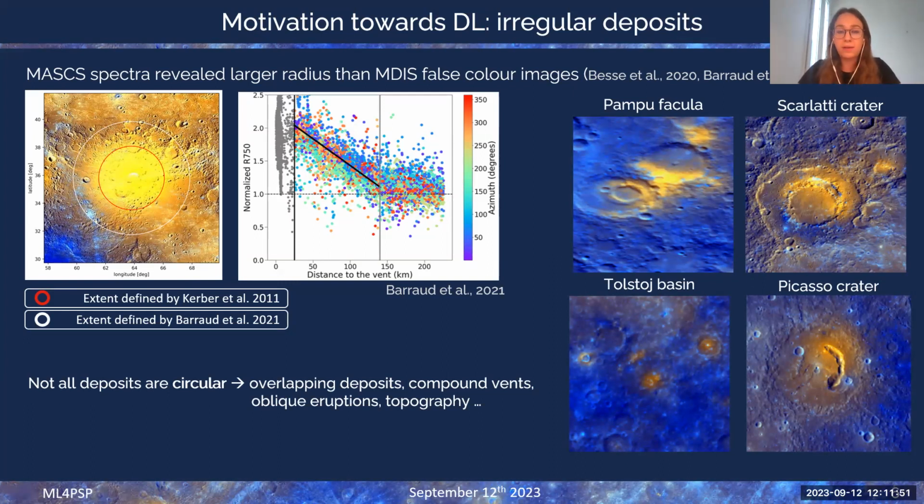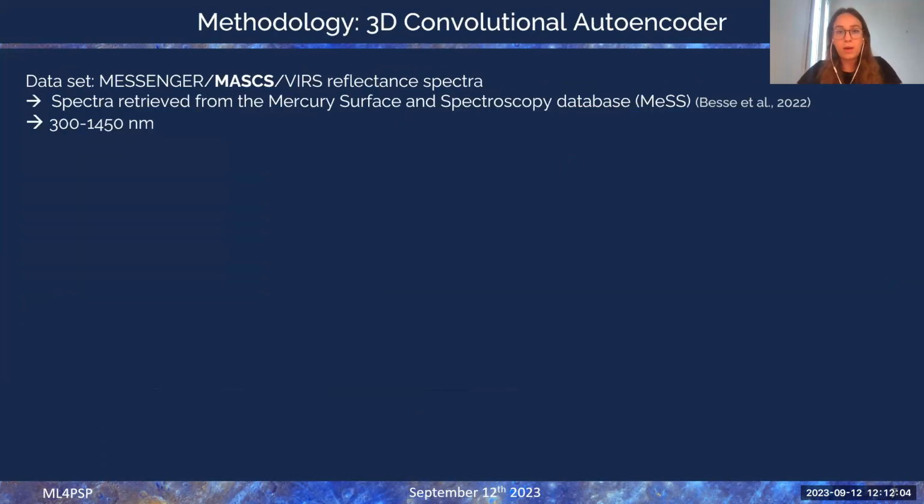So the objective is that we will use this deep learning methodology that allows us to look into the data both in the spectral domain and the spatial domain in order to avoid this limitation. Now I will get into the methodology itself. Again, we will use data from the MASCS spectrometer, which works between 300 and 1,450 nanometers.